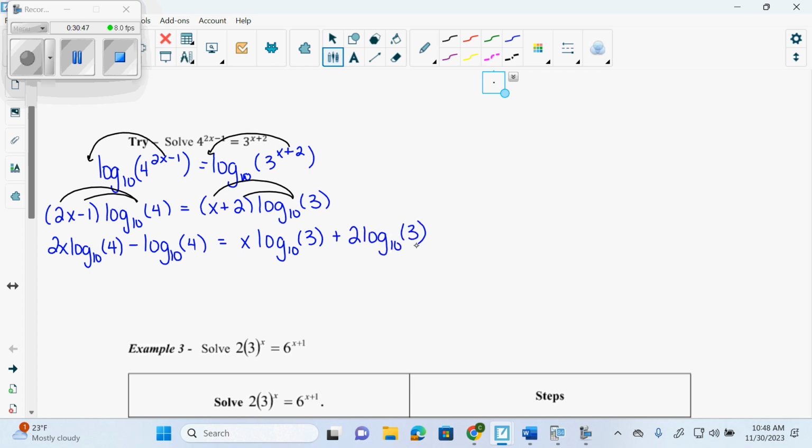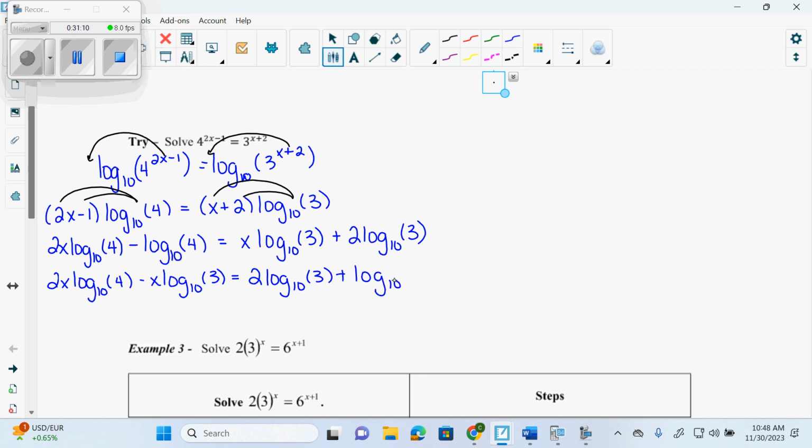And our goal is to get the x's on one side so we can GCF out an x, logs on the other side so we don't have to do that. So we get 2x log base 10 of 4 minus x log base 10 of 3 equals 2 log base 10 of 3 plus log base 10 of 4.